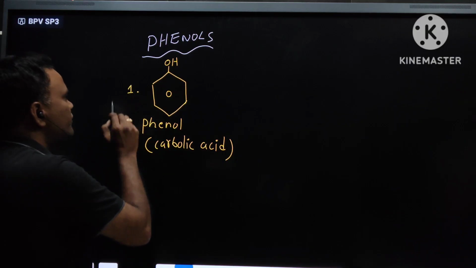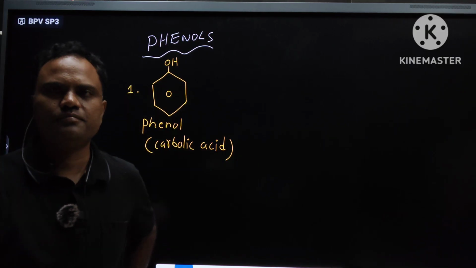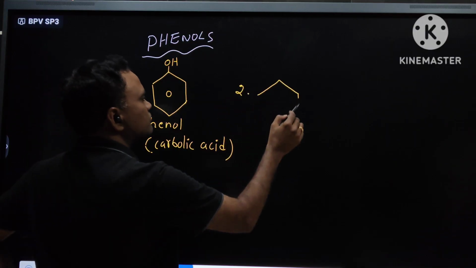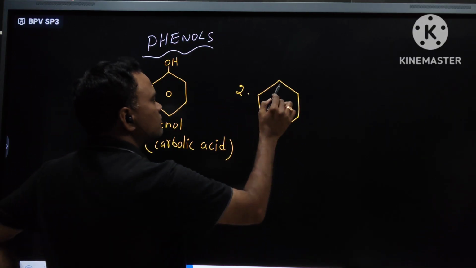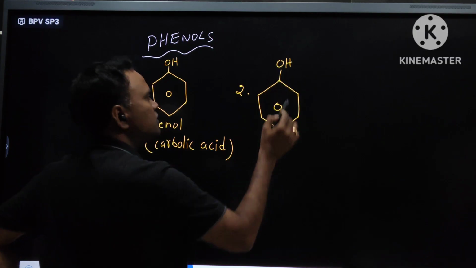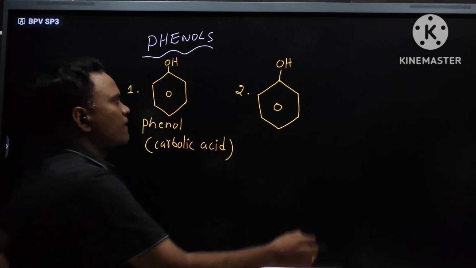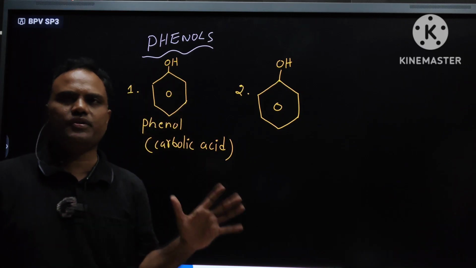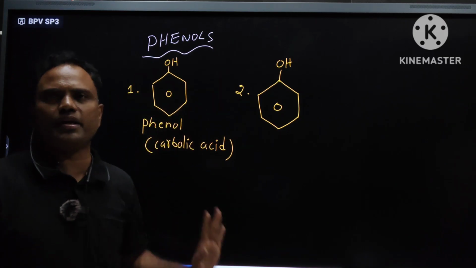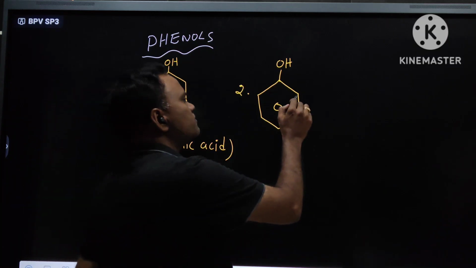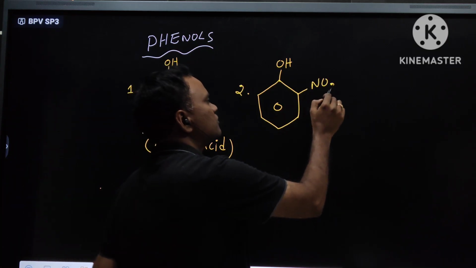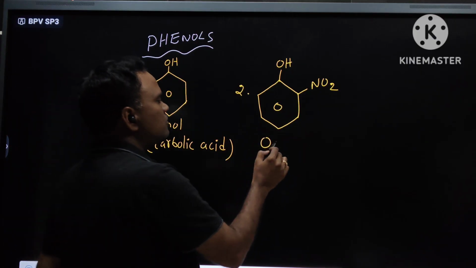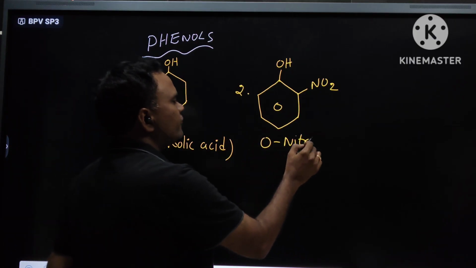Let us consider it as the first structure. Important compounds and their names. See, this is phenol, the parent compound. Our chapter name is phenol, so this is the parent compound. If NO2 is present in the ortho position, then we can call it ortho nitrophenol.